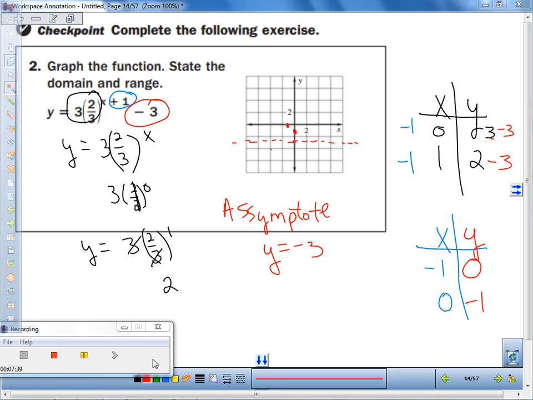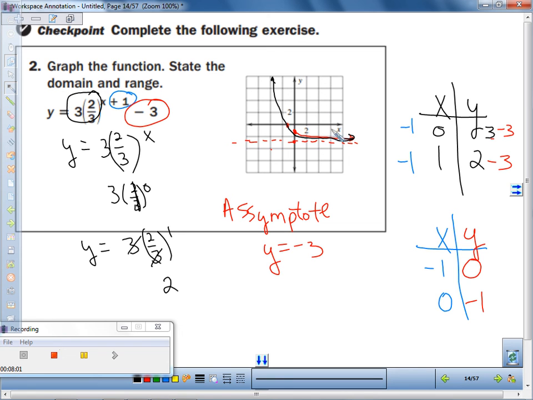Let's go ahead and graph this. We'll connect the points, and remember, we're going to come real close to the asymptote. I'm going to change to a darker color so you can see. It'll be here, connecting the points, and then we'll go up there. That would be our graph of this decay function. Now it asks for the domain.